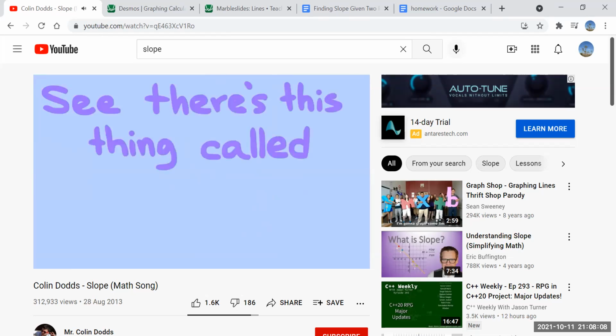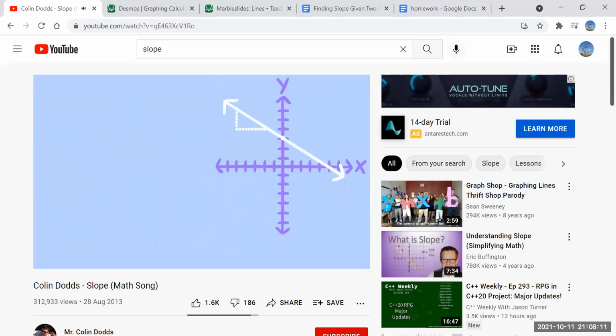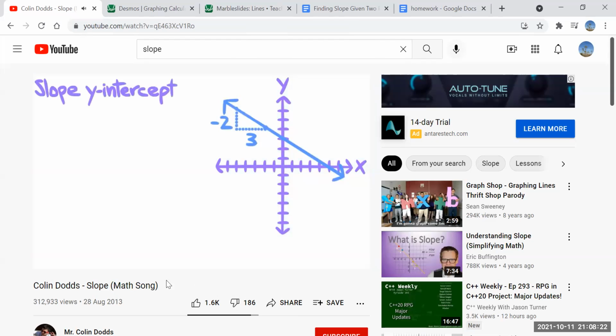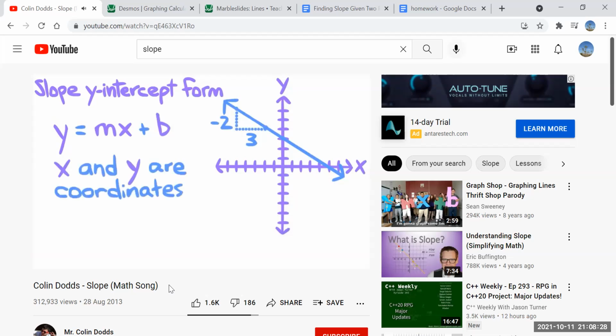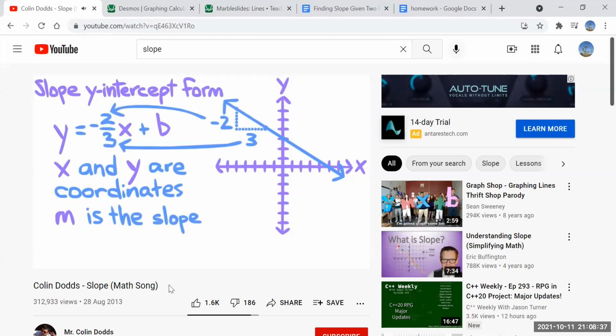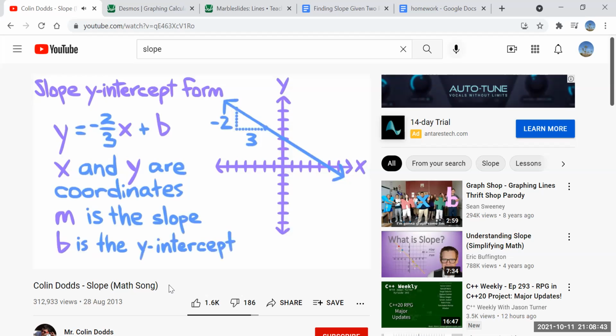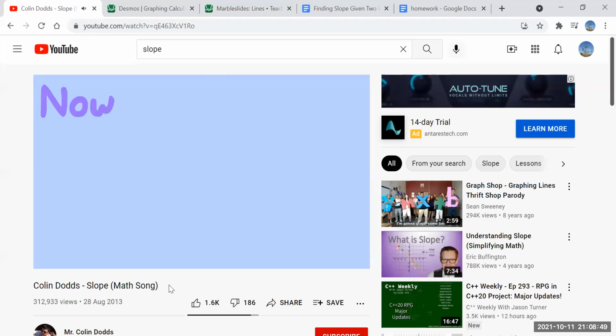Let's see slope y-intercept form. Y equals mx plus b. Oh my, the relationship between x and y depends on the constants m and b. M, you see, is the value of the slope, so a higher m means a steeper line. B is the y-intercept, where the line crosses the axis of y.